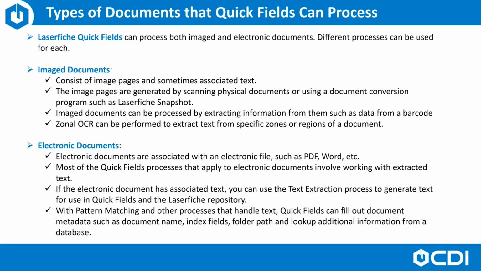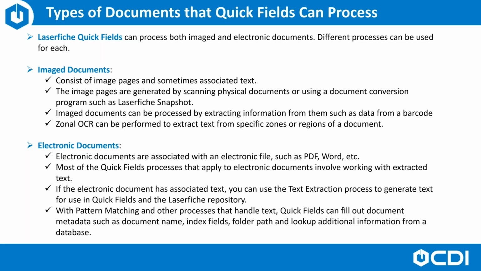So for example, if we use the account ID number, that we were able to figure out through the pattern matching feature, we can then have QuickFields go pull information from our customer database system and bring in any additional metadata into QuickFields and then import that all into Laserfiche. So that's a nice feature with Laserfiche, is also not only doing the barcodes, zonal OCR, but also doing lookups into other systems and databases.